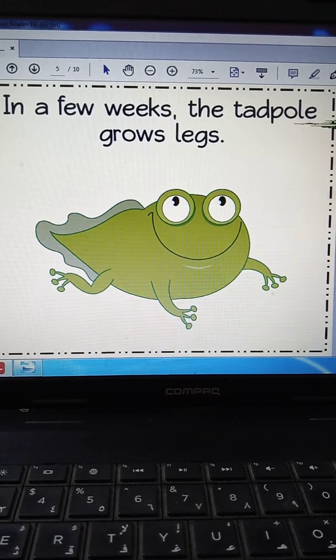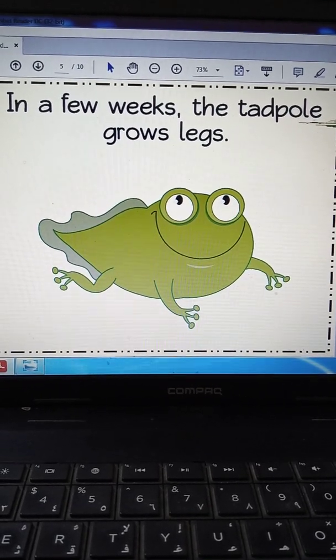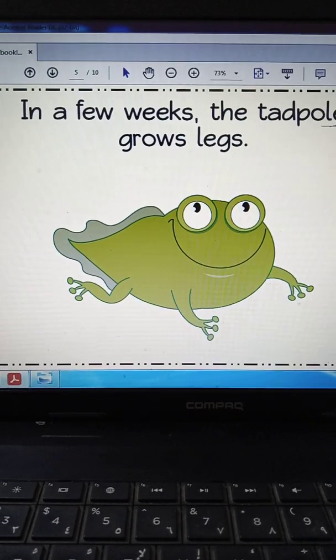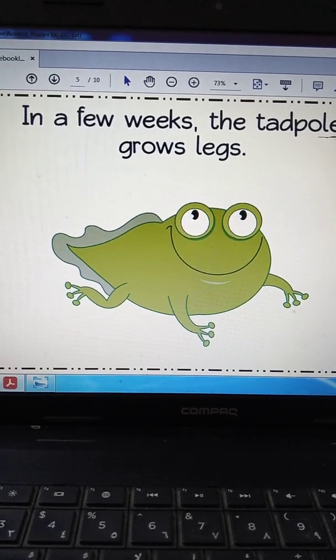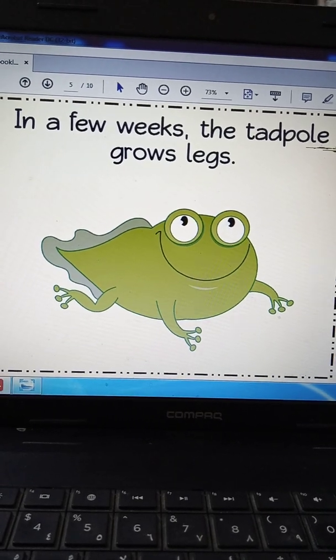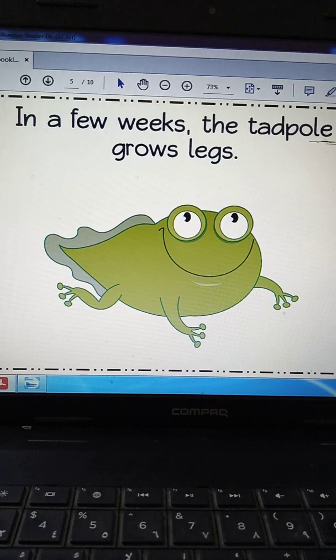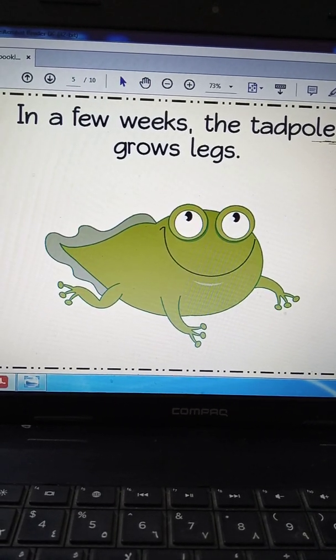How many legs does it have? Well, it's 4, but you can't see the other leg, it's behind. After a few weeks, the little froggy didn't have any legs, but it's not called froggy, it's called tadpole. The tadpole didn't have any legs, but now it's growing legs.